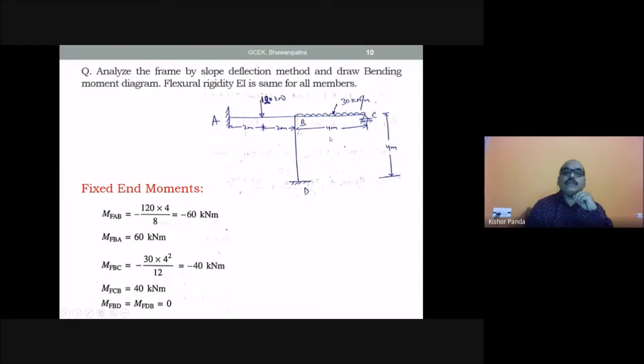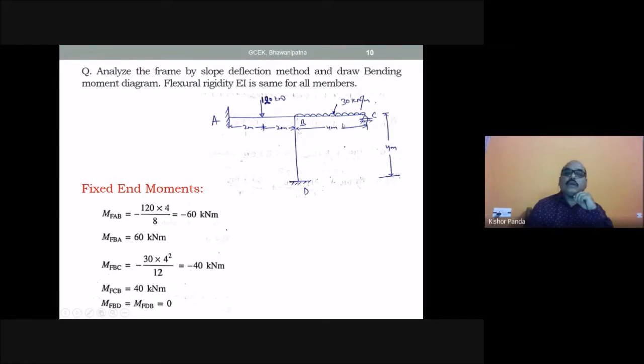What are the equations you have to take? One equation is the sum of the moments at C is equal to 0, MCB is equal to 0, and the sum of the moments at B is equal to 0. At B, how many members meet? MBA plus MBD plus MBC, so MBA plus MBD plus MBC is equal to 0.